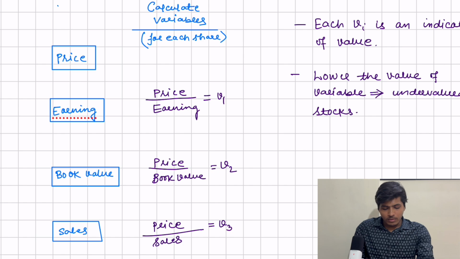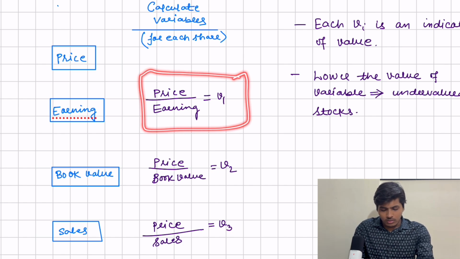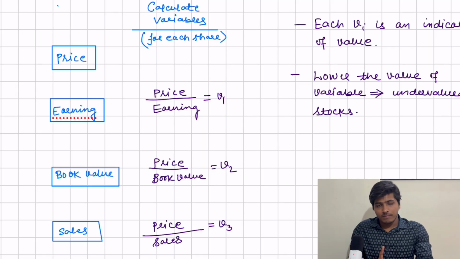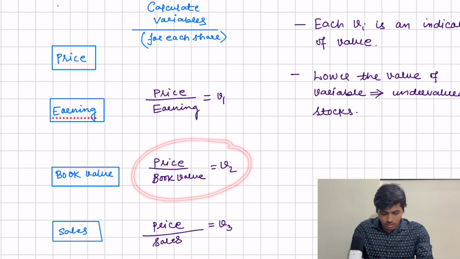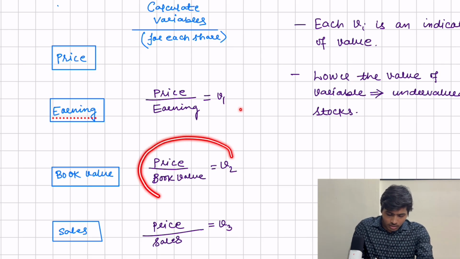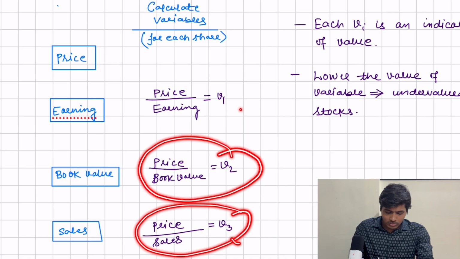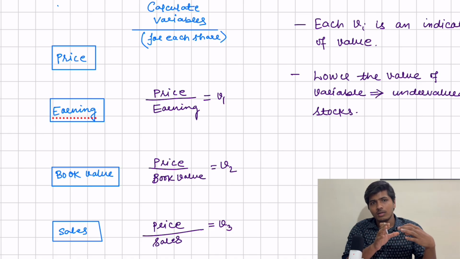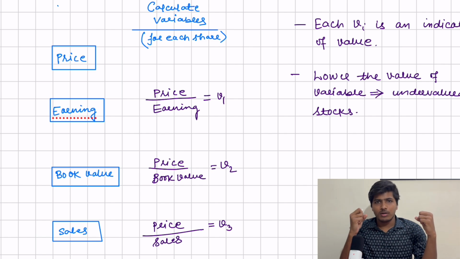Generally speaking, when we say value stocks, we are quantifying it by price to earnings. So in this video I will consider price to earnings as the value factor. Why does this work? When you look at institutional investors like mutual funds, pension funds and insurance funds, they also use other indicators like price to book value and price to sales for value investing, because they have to build a large portfolio and want something unique so that the risk of the overall portfolio is reduced.